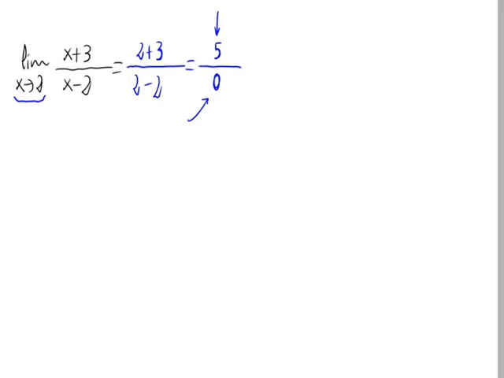First, when x approaches 2, it means that x is very near to 2, but it's not exactly 2. In our case, the number where x approaches is 2, and the process is just substituting it by 2, but not exactly, very near.